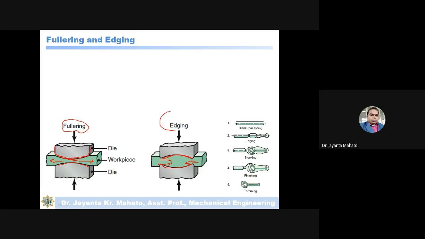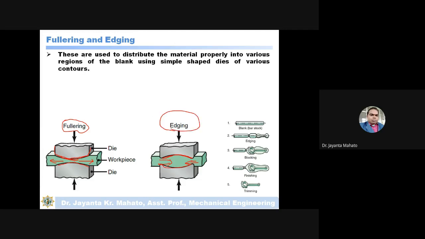These are used to distribute the material properties into various regions of the length using simple shape dies of various contours. Means just distributing the material using different shapes of the dies.